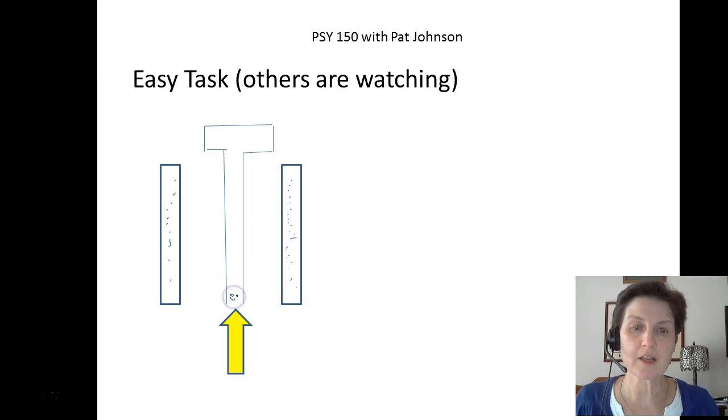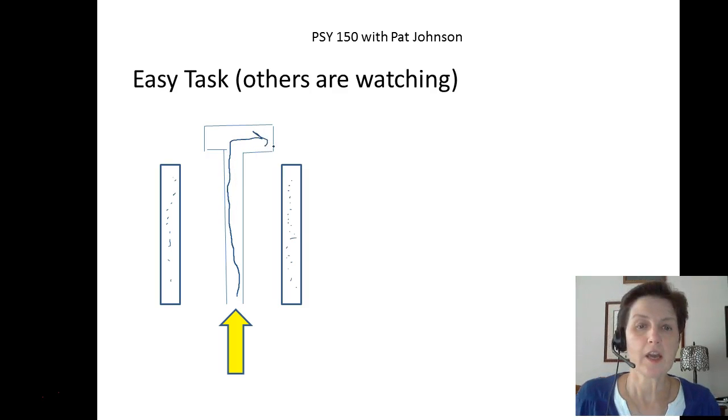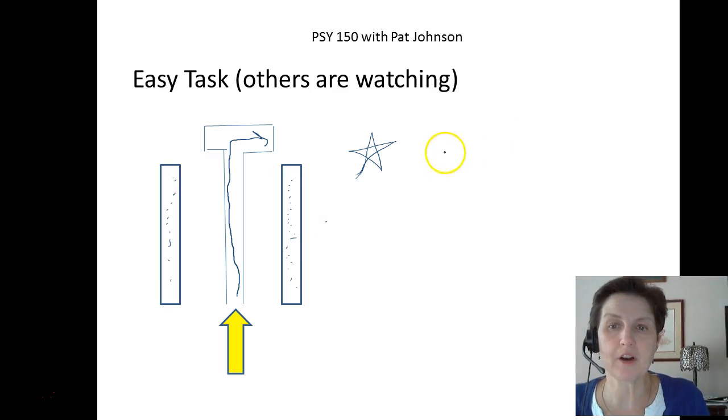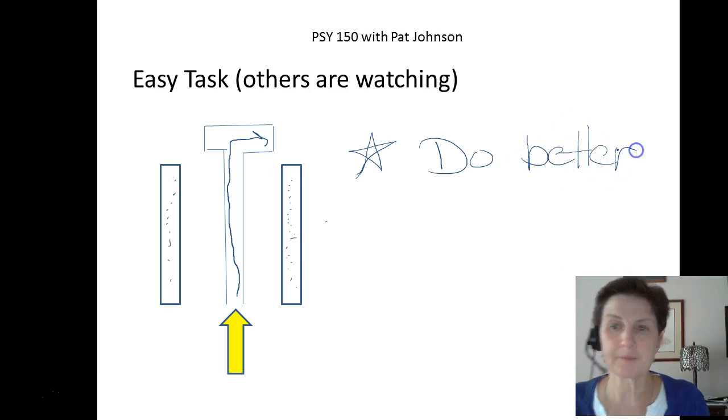And all our roach has to do is get down the tube and get away from the light. And it turns out that this is a situation that our roach does better in. When it's an easy task and others are watching, our performance is enhanced. So we do better when it's an easy task and others are watching. Okay?